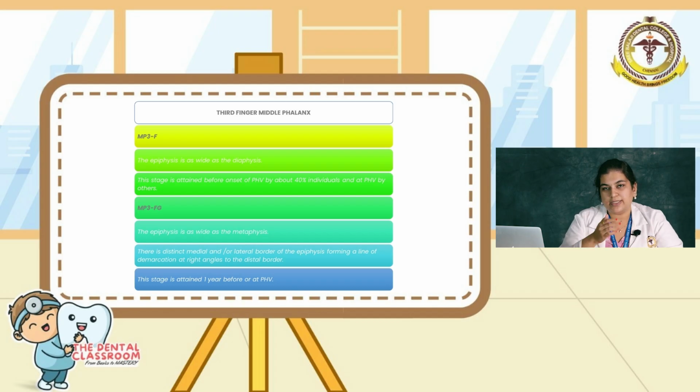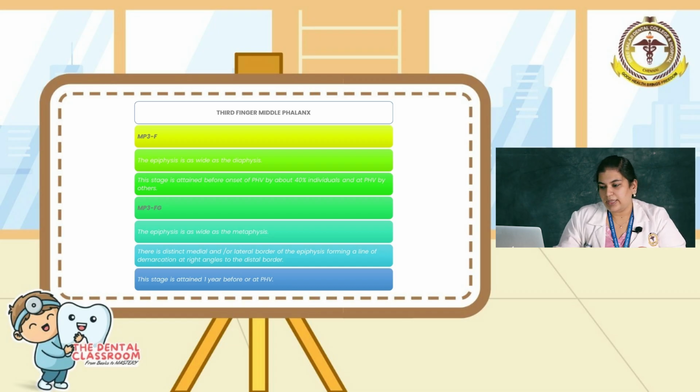The MP3FG stage is a stage after the initial stage, wherein you see again the epiphysis is as wide as the diaphysis, but there is a distinct medial and lateral curvature, or a line that is formed, a demarcation at the end borders. So now this should correspond to the capping of the diaphysis.